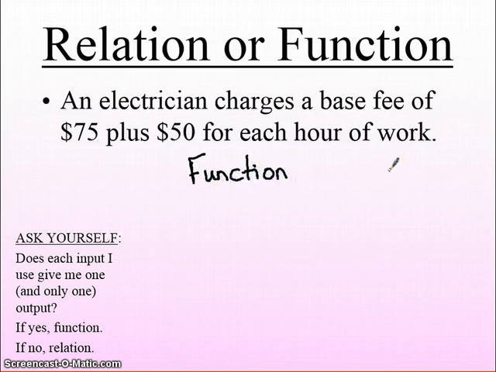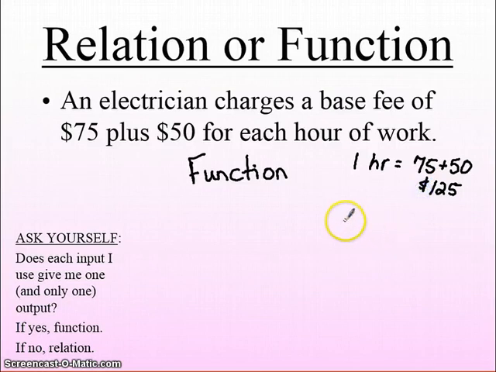So for instance, if this electrician comes to my house and works for 1 hour, he would get $75 plus $50, which would be $125. If he goes to Sam's house and works 1 hour, it's going to be $75 plus $50 for the hour of work.